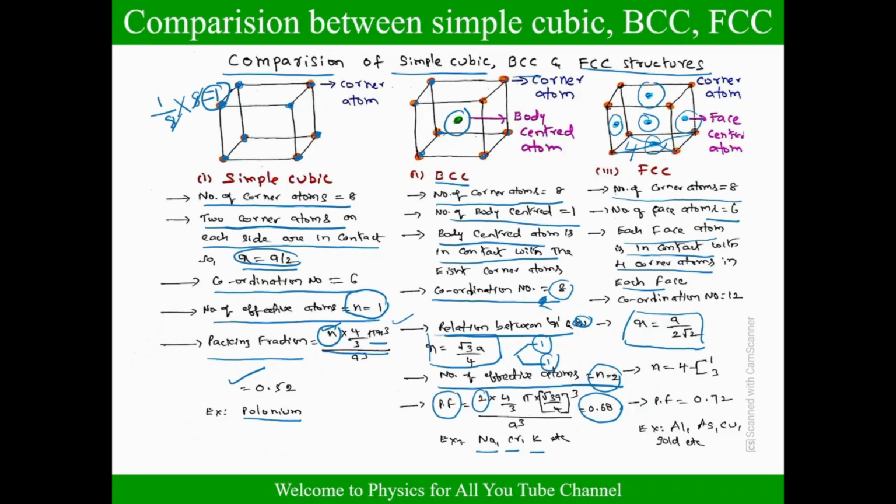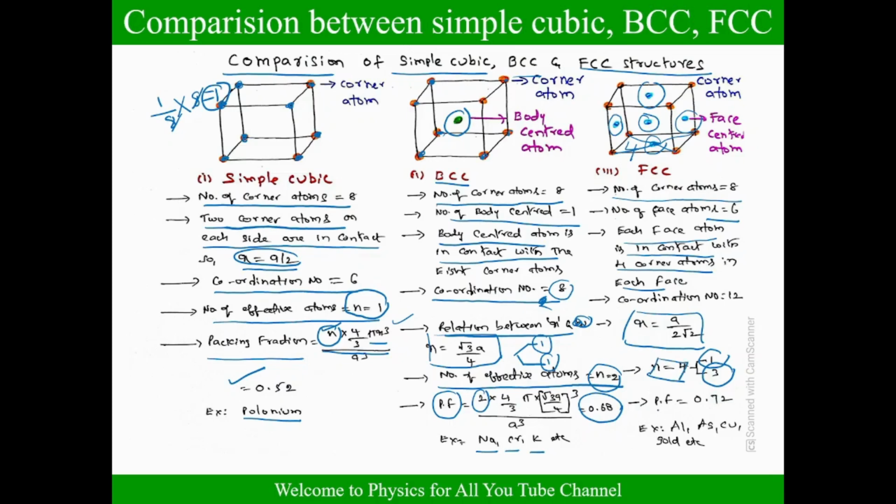Now we have to calculate the effective number of atoms in the FCC structure after sharing, which is equal to 4. Out of the 4 atoms, 1 atom is from the corners after sharing and 3 more atoms are available at the center of each face. Therefore, the total number of effective atoms in the FCC structure is equal to 4.